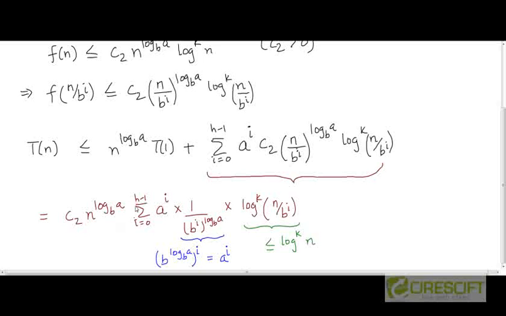And what will be left inside the summation? This a to the power i will remain as it is. These two terms have been pulled out, but we'll have b to the power i, the whole thing raised to the power log base b of a in the denominator. And this term will remain as it is.